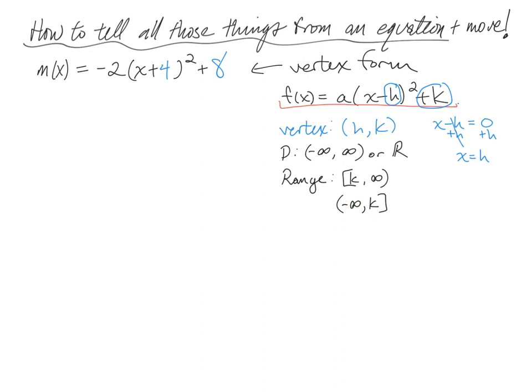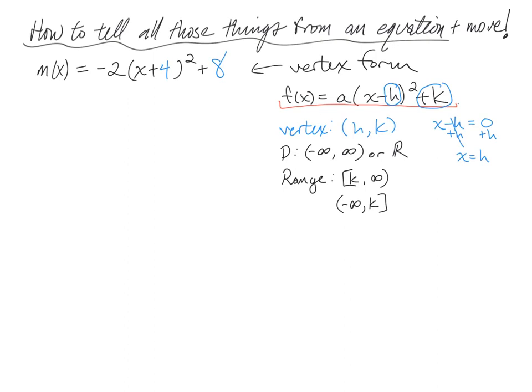And again, we don't have a graph. So how can we tell if this function represents a graph that is opening up or down? Well, that's not too bad. All we have to do is look at the a value. This value right here, whatever number is in front of the set of parentheses.